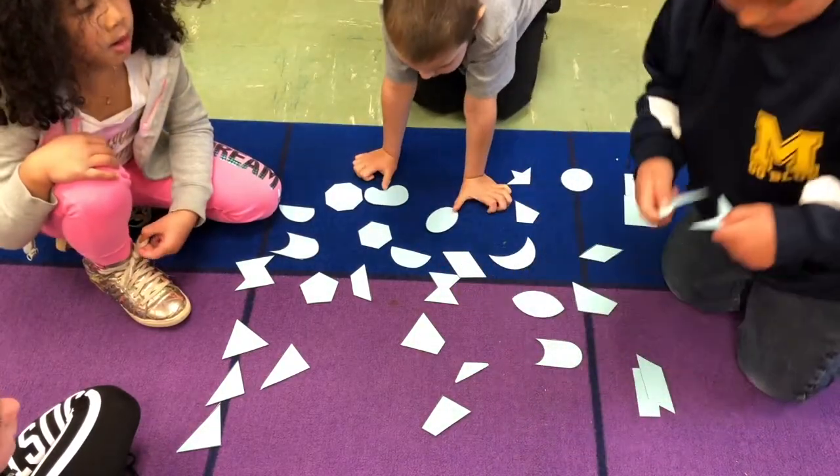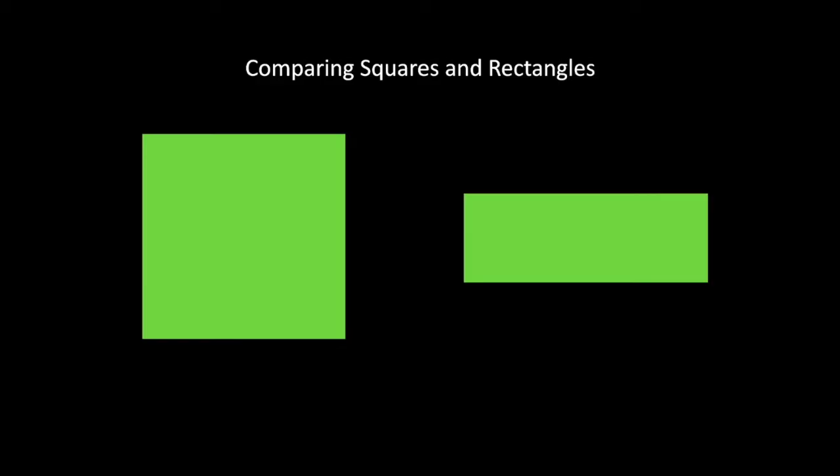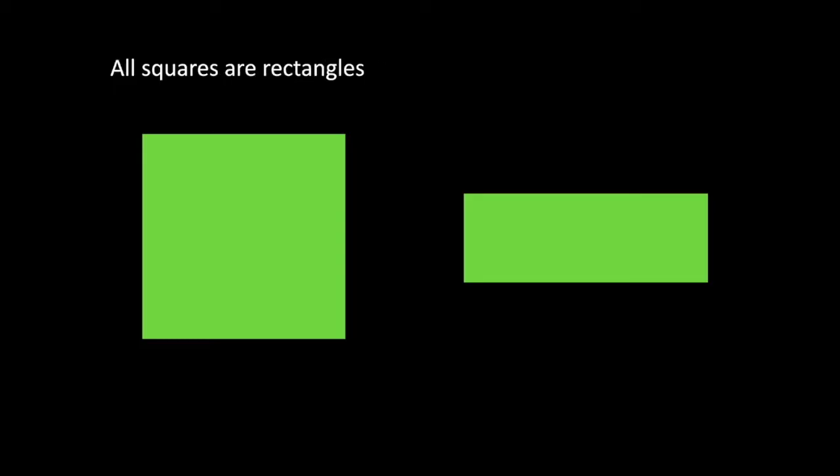Before we take a look at the boys' reasoning, let's go ahead and take a look at some misconceptions that begin in kindergarten. When the boys are comparing the squares and the rectangles, you'll see that they don't see the similarities in these two shapes. Here's what I mean. They don't see that all squares are rectangles, but that not all rectangles are squares.